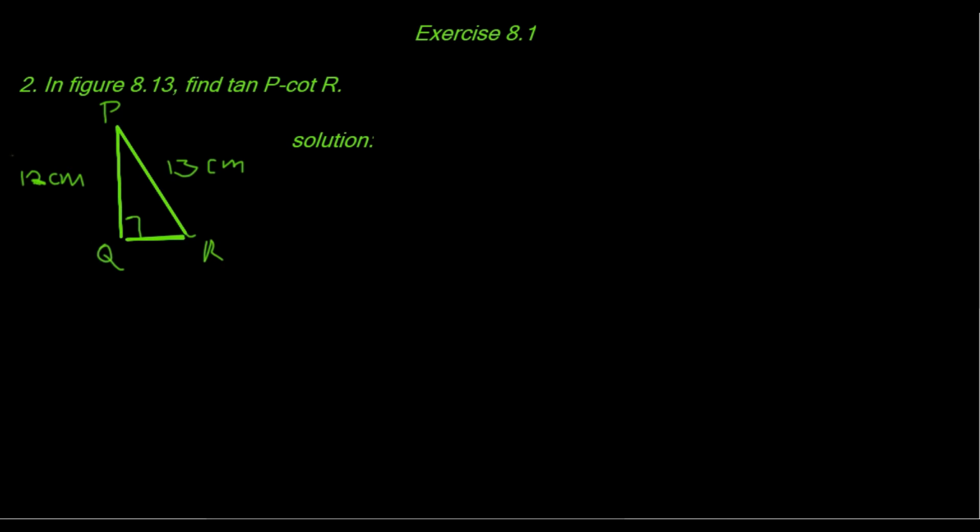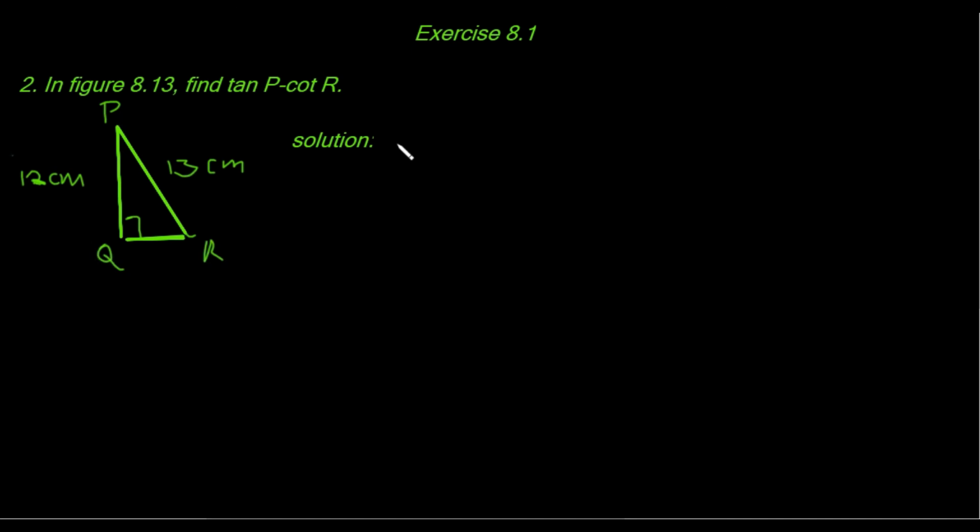Now let's jump on to the second question, which says that in figure 8.13, find tan P minus cot R. So the figure is shown below, where PR is equal to 13 centimeters and PQ is equal to 12 centimeters. So now let's start.